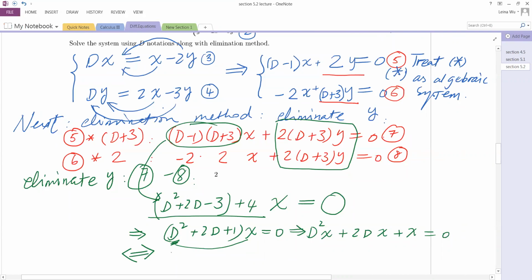Remember, D squared is the second-order derivative. So x double prime plus 2x prime, remember the D is for differentiation, plus x equals 0.